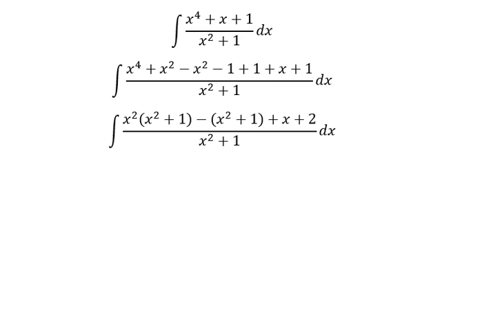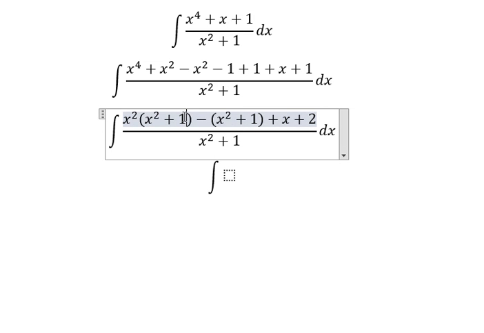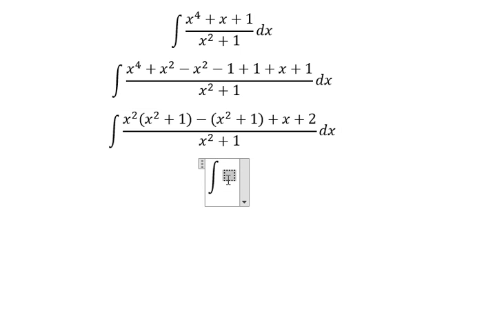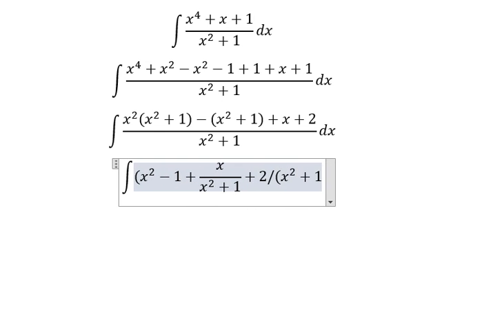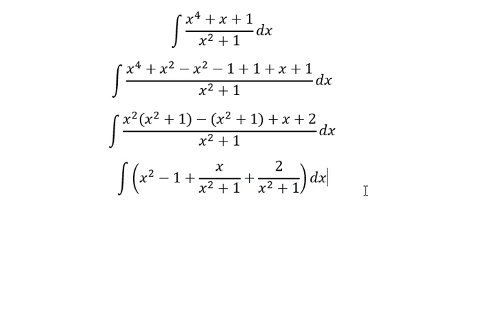Next, this one divided by this one, you will get s squared. This one divided by this one, you get negative number 1. This s over s squared plus 1, and number 2 over s squared plus 1 ds.